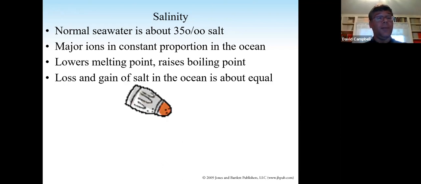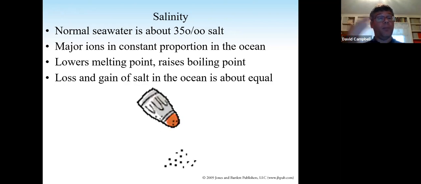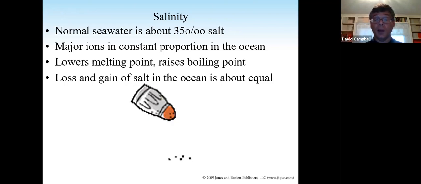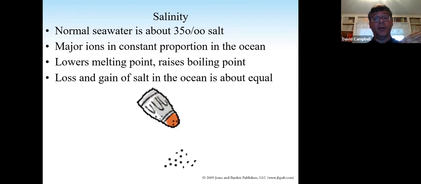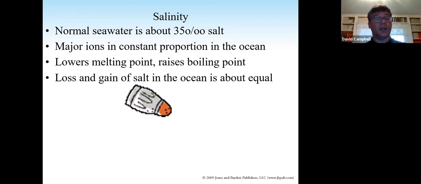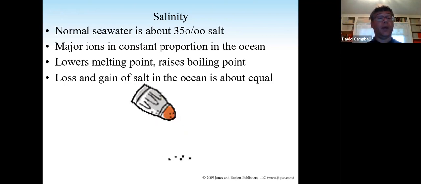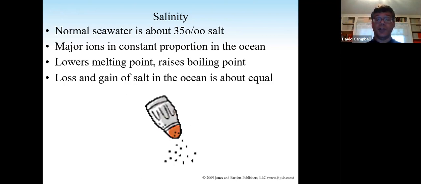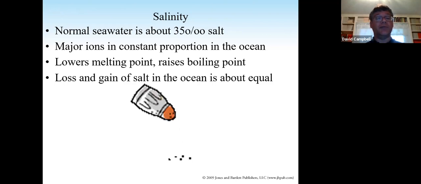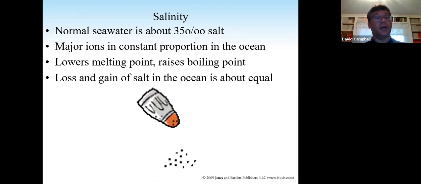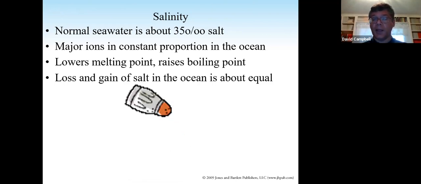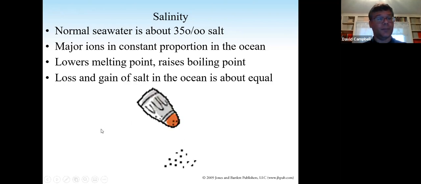Because seawater is salty, melting point's lower, boiling point's higher. Long term, about equal amounts of salt are coming in through processes such as erosion and being lost through, say, chemical reactions with the sea floor, what's left behind by evaporation, similar processes.